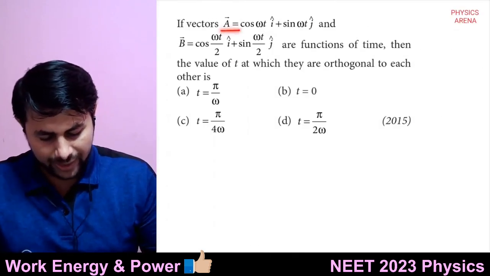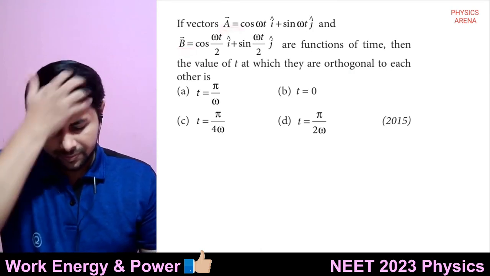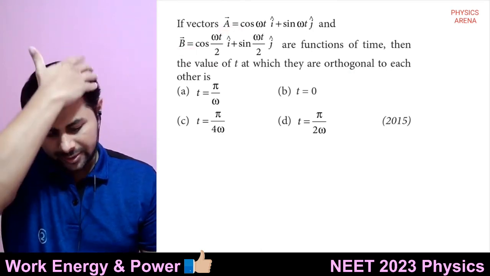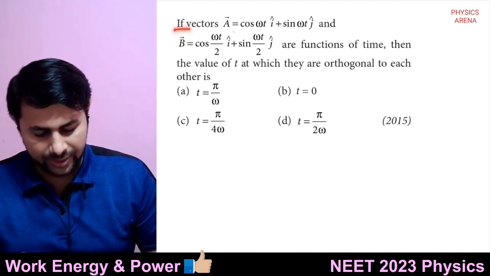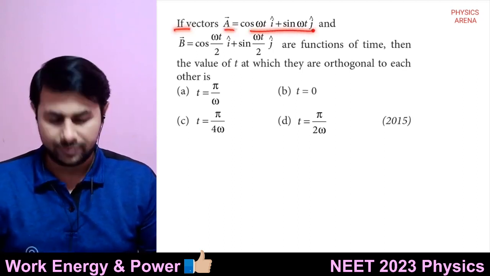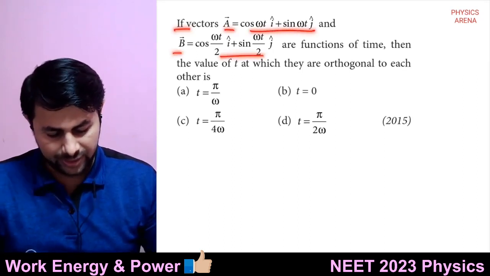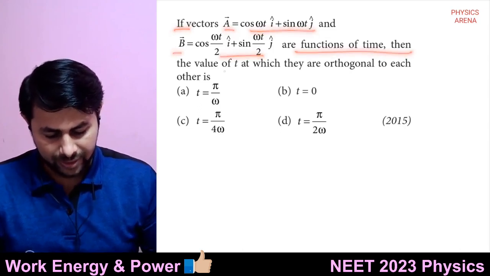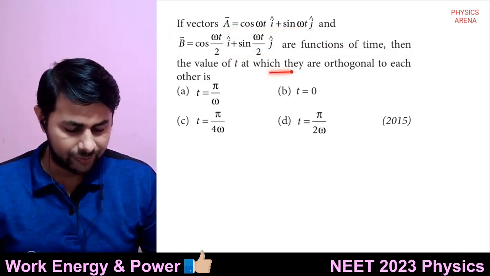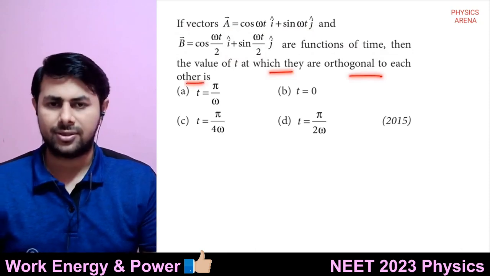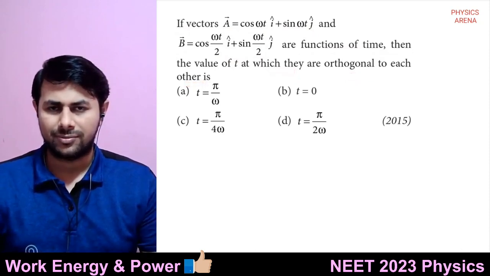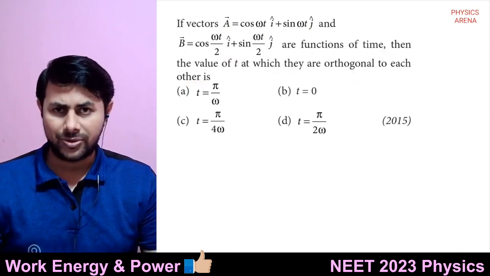If vectors A bar equals to this thing and B bar equals to this thing are functions of time, then the value of time at which they are orthogonal to each other is. This is the question. So what do we have to do?